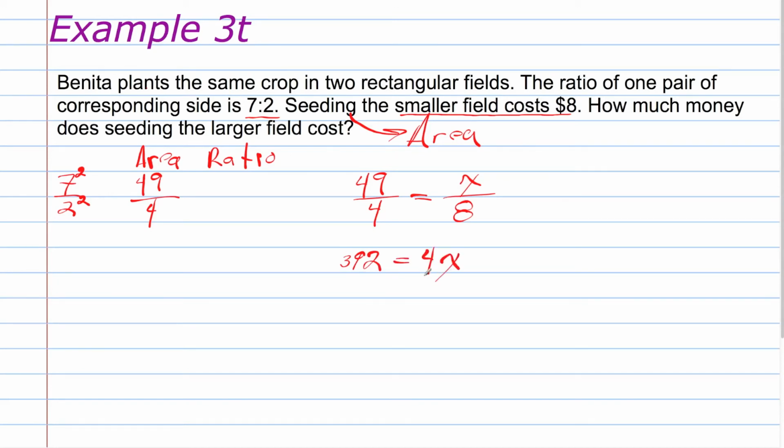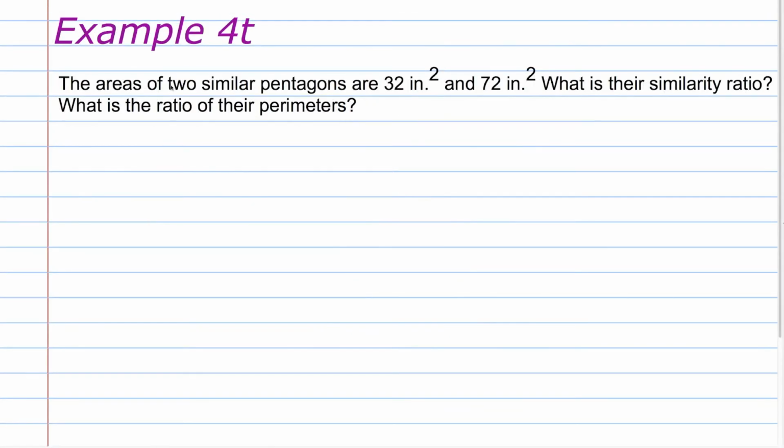Doing 2 things at one time here, I'm going to divide both sides by 4, and I'm going to use the symmetric property and switch sides so that x is equal to 392 divided by 4, which ultimately gives $98. So the cost to seed the larger field is $98.